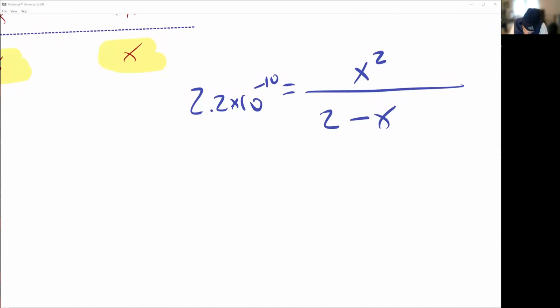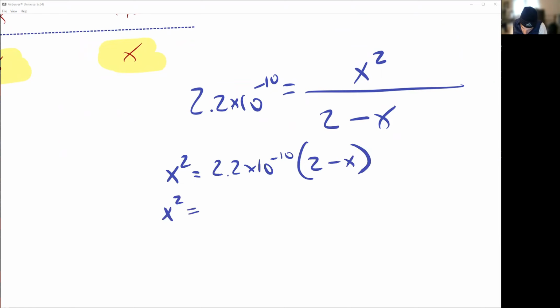What we end up with is X squared is equal to 2.2 times 10 to the negative 10 times 2 minus X. So X squared is equal to 4.4 times 10 to the negative 10 minus 2.2 times 10 to the negative 10 X. Anyone recognizing this yet?